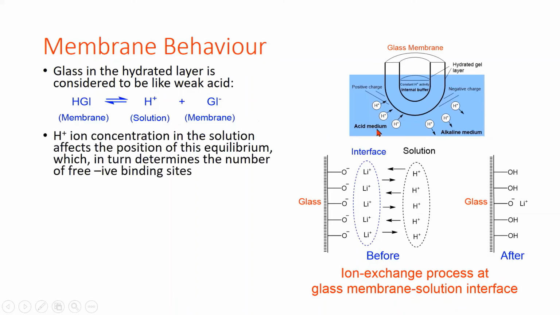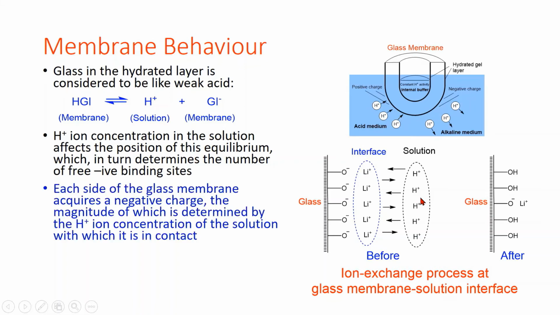H ion concentration in solution affects the position of this equilibrium, which in turn determines the number of free negative binding sites. Each side of the glass membrane acquires a negative charge, the magnitude of which is determined by the H ion concentration of the solution which is in direct contact with it.